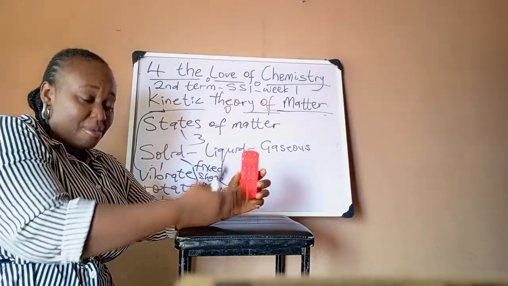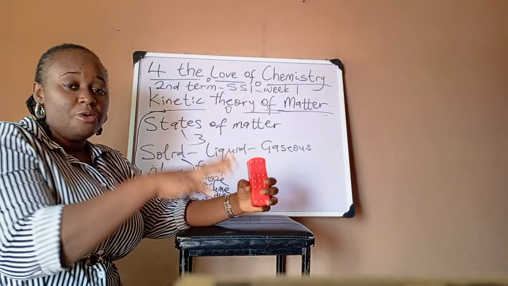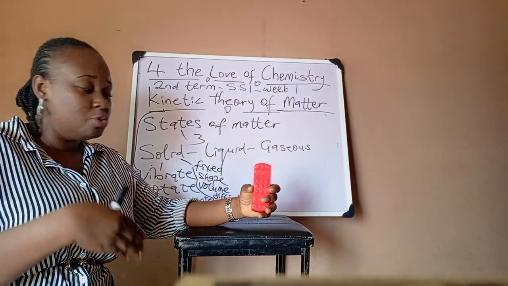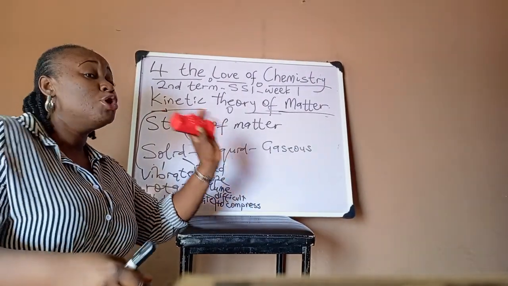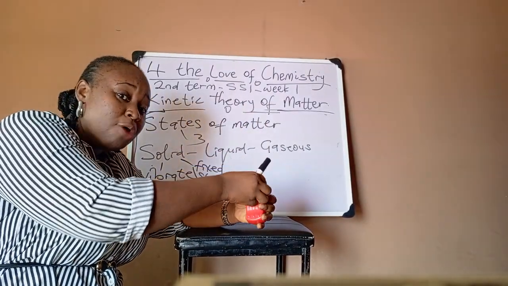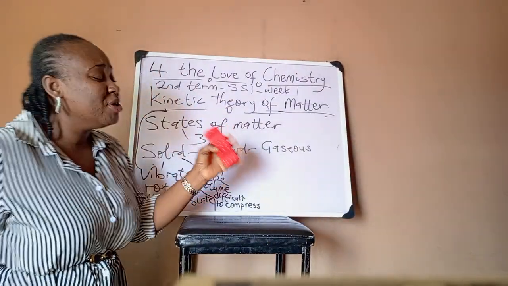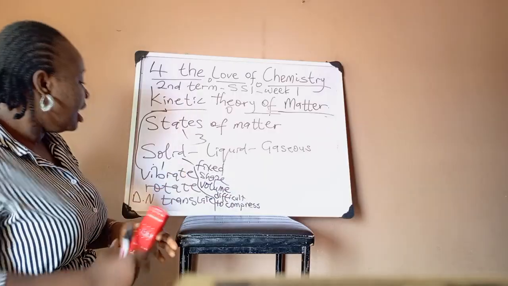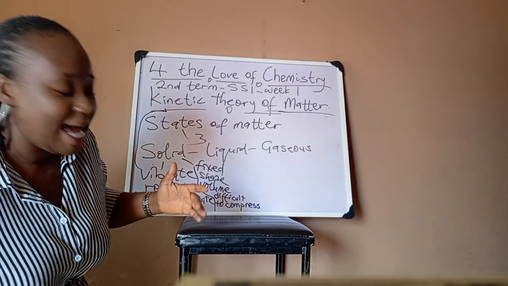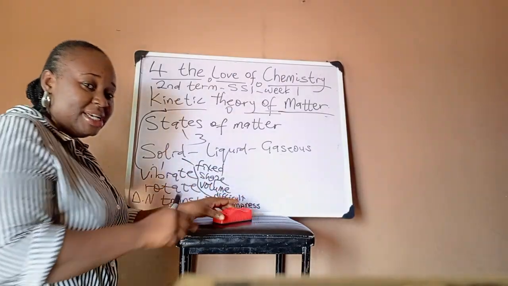I'm using my duster as an example because this is made up of tiny particles, and these tiny particles become one because something, which is a force, bound them together. So because the force holding it together is very strong, it does not move anyhow. That's why it vibrates in the same place.